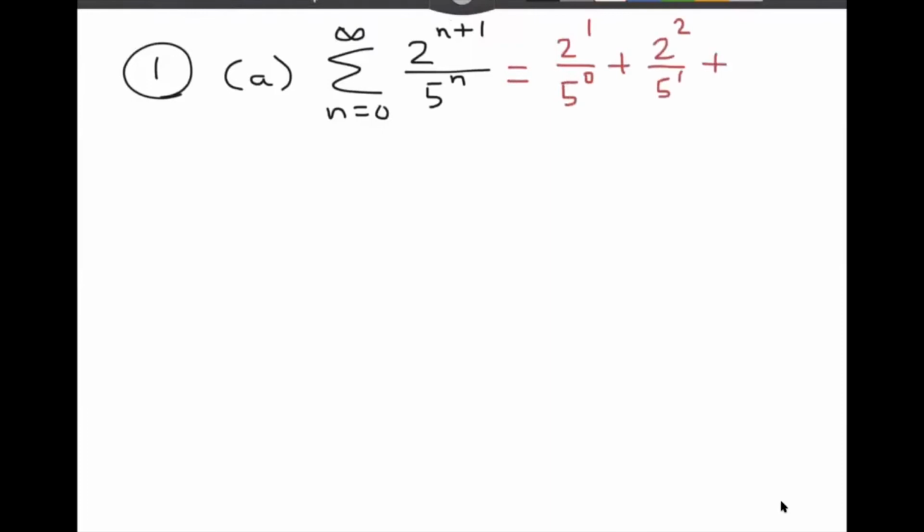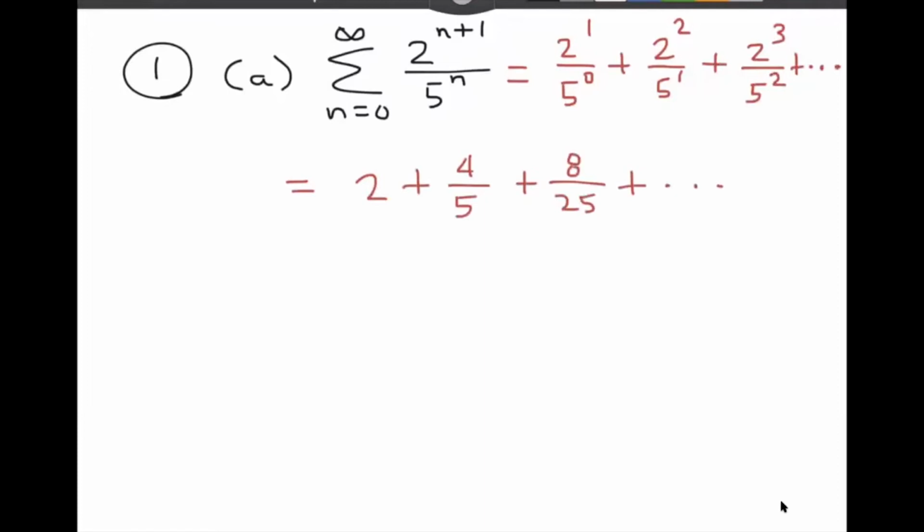Third term would be 2 to the third over 5 squared, etc., etc. Continuing forever. In other words, 2 plus 4/5 plus 8 over 25, etc., etc. So I claim that this is a geometric series.